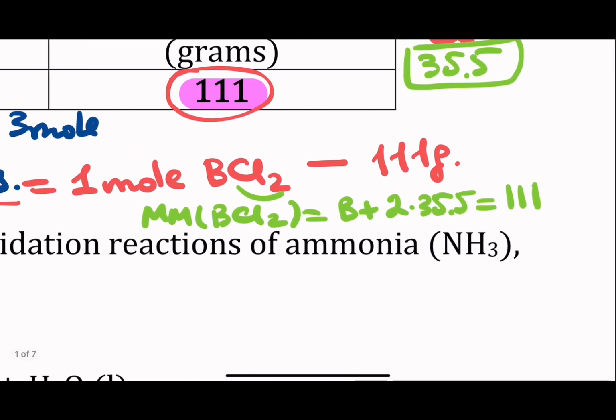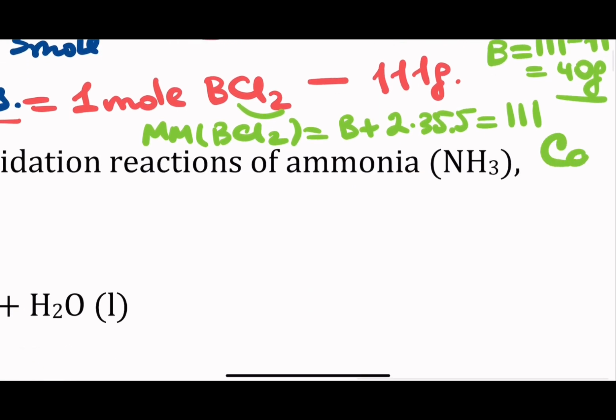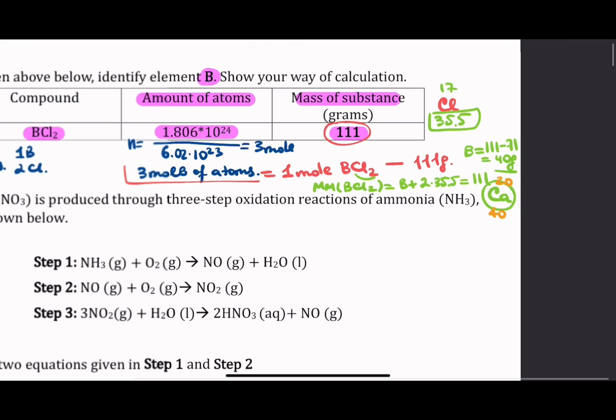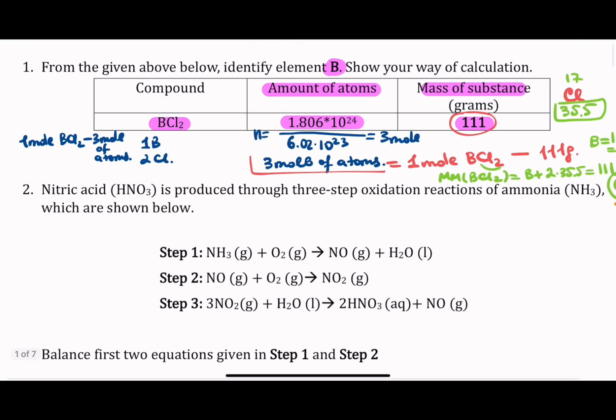Now, 2 times 35.5 is 71, so B equals 111 minus 71, which is 40 grams per mole. And if you check the periodic table, it is calcium with atomic mass 40, atomic number 20. Now that's that.